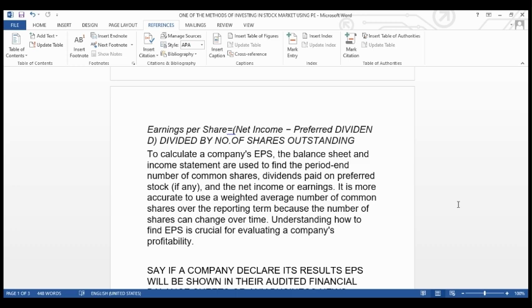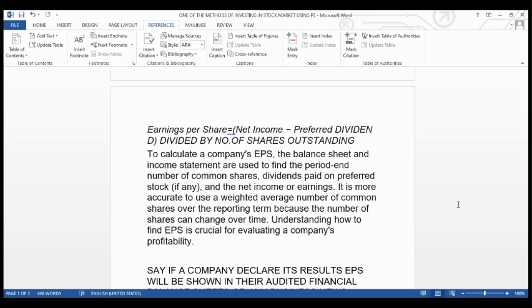outstanding. To calculate a company's EPS, the balance sheet and income statement are used to find the period-end number of common shares, dividends paid on preferred stock, and the net income or earnings.